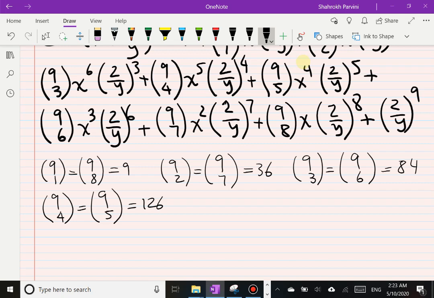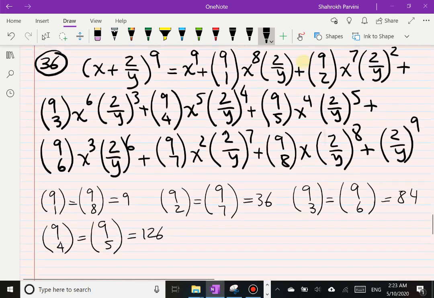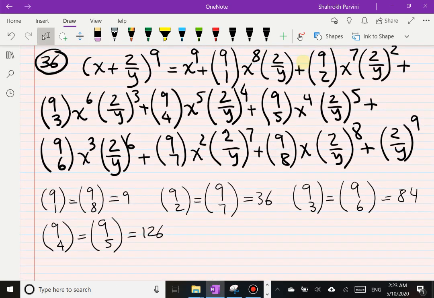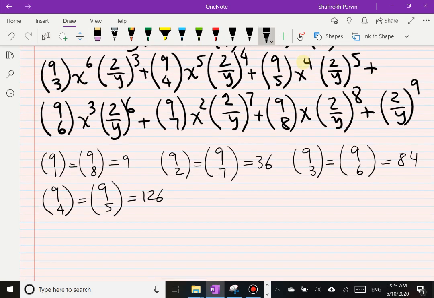We got all of these coefficients that go in the lines directly above this. So the expansion is going to look like the following. It's going to be x to the 9th plus, then 9 choose 1 kicks in, right? 9, x to the 8, and this is 2 over y, plus 9 choose 2 kicks in, 36, x to the 7th.